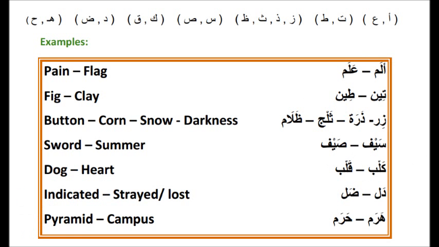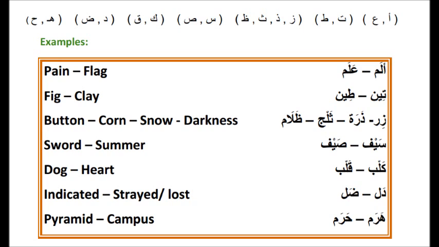With these letters, I've noticed that people mostly get confused about the pronunciation and can't really differentiate between them. So I've made some examples to show you how the pronunciation is and how it's different.